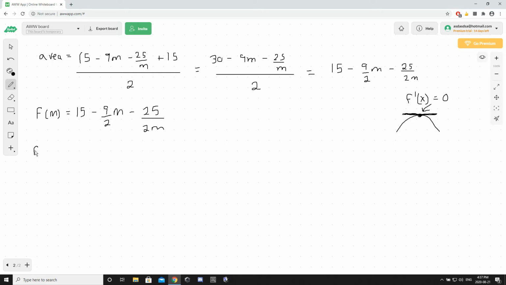Because then we're going to set that derivative equal to 0, and that's going to help us figure out the critical points, which are essentially going to be the local maximum or the local minimum.